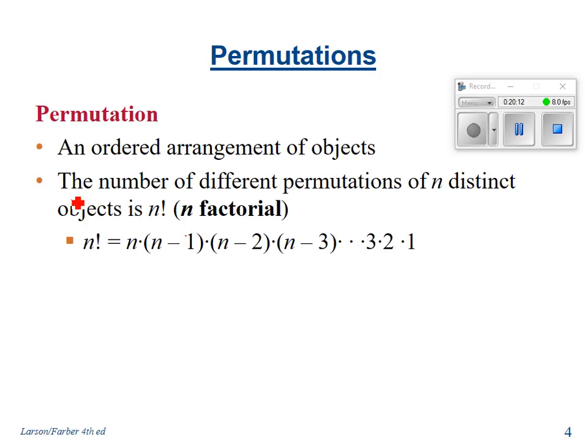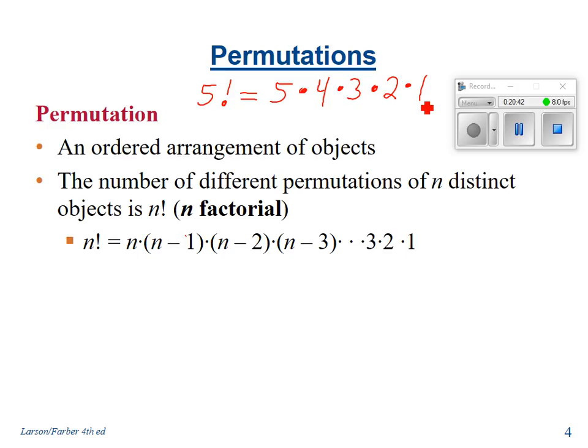Now, Miss Clark asked about this already. N factorial, that's how it's read with the exclamation mark. Factorial is telling you to do this. If I did 5 factorial, all that means is you take the number you start with, 5, times the next number down, then times the next number down, till you get to 1.